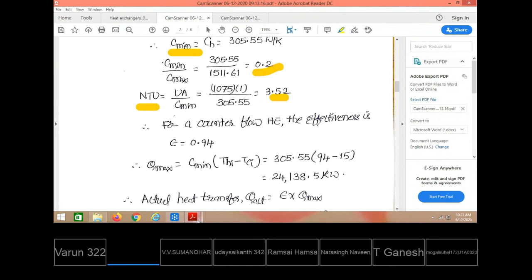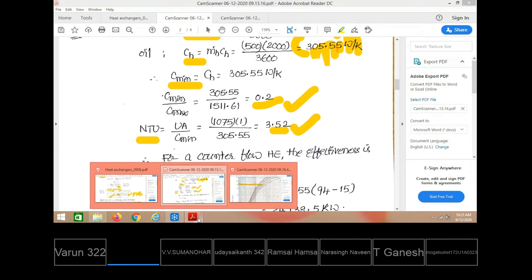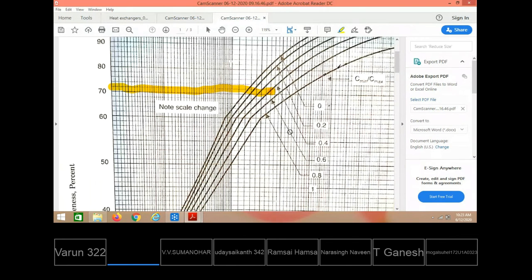Now using the chart, to get the effectiveness value, two other parameters must be known: C minimum by C maximum must be known, and NTU must be known. Now using this counterflow chart, NTU is known, C minimum by C maximum is known. So now we can fix a point, and from here we can extend it to the left-hand side of the y-axis. From here we can get the effectiveness value.